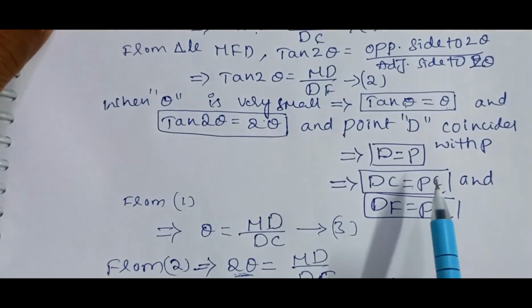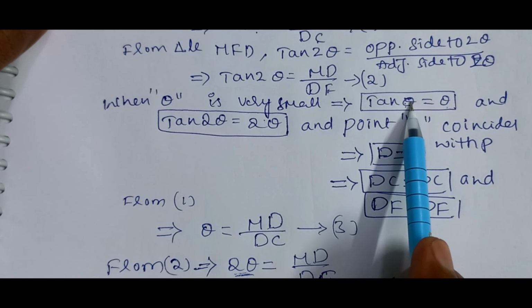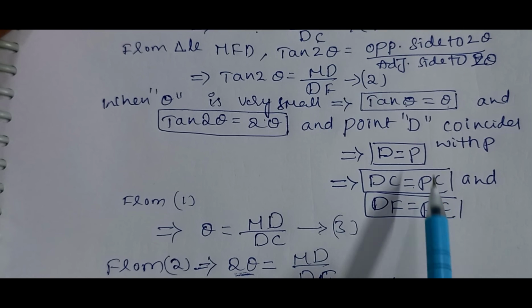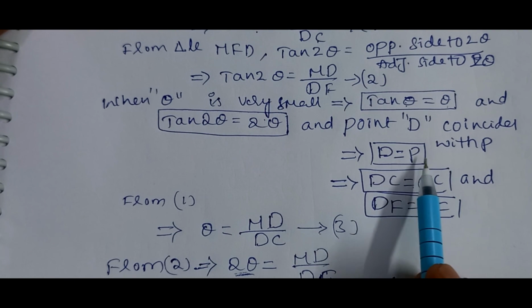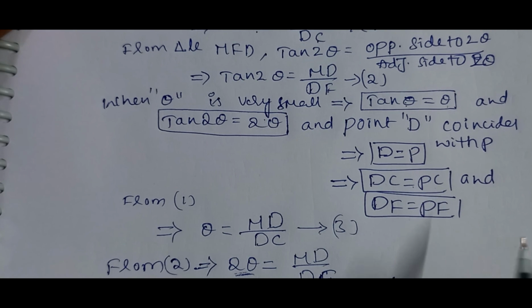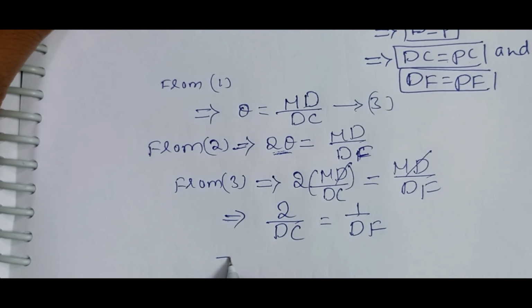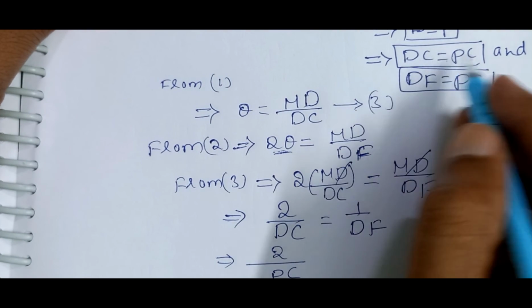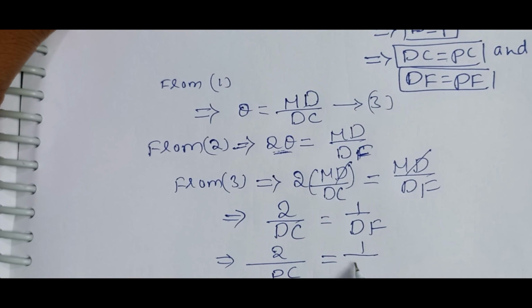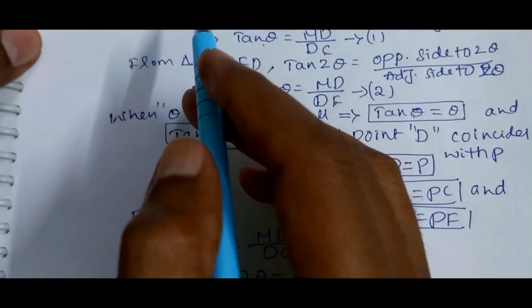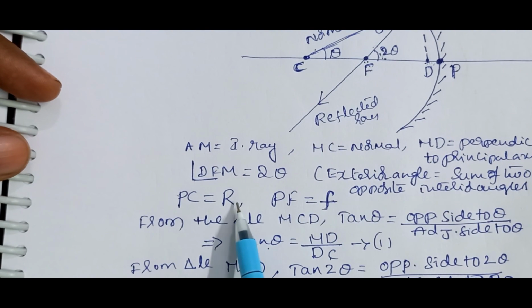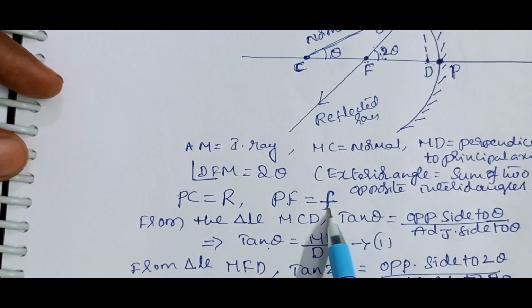When theta is very small, the point D coincides with P, so DC is written as PC and DF is written as PF. So 2 by PC equals 1 by PF. The distance from pole to center of curvature is the radius R, and the distance from pole to focus is the focal length f.